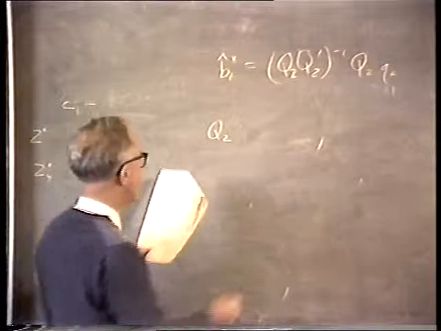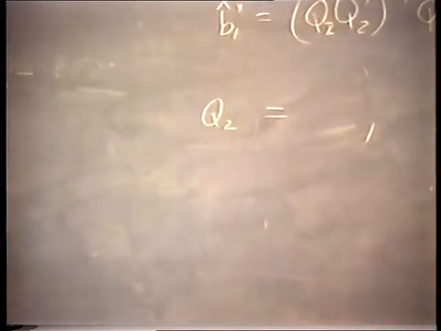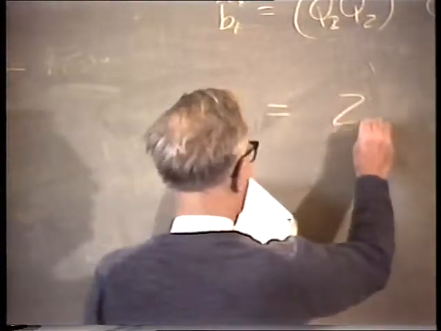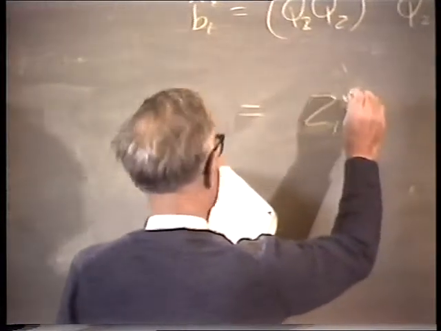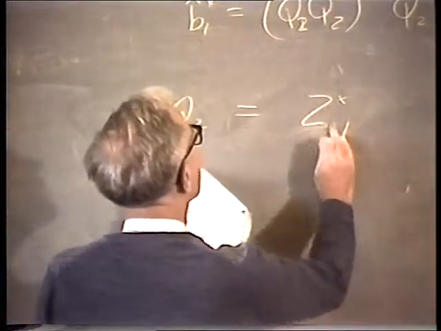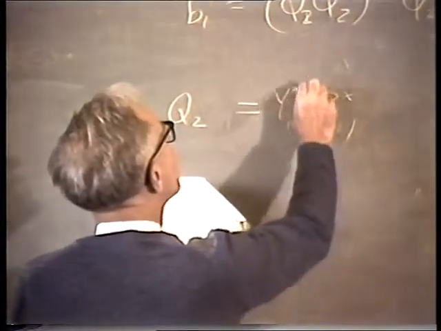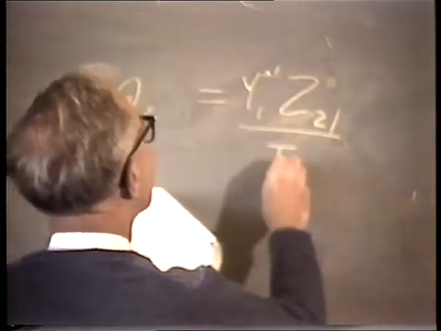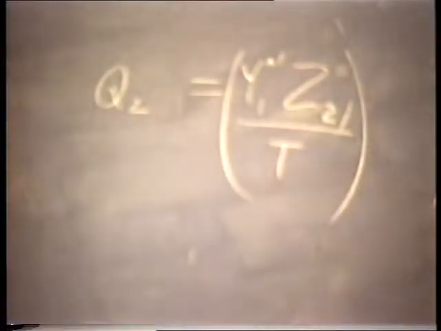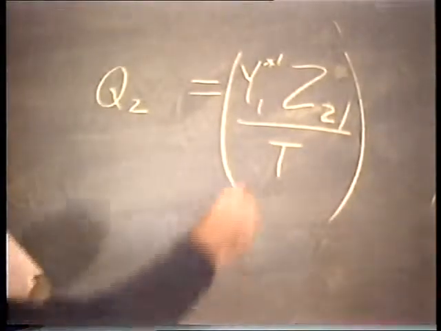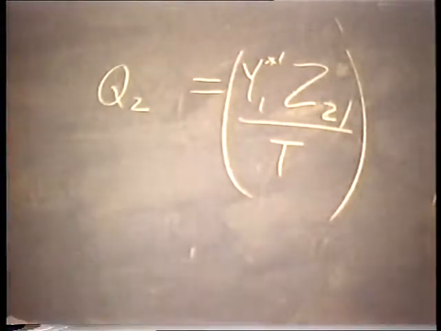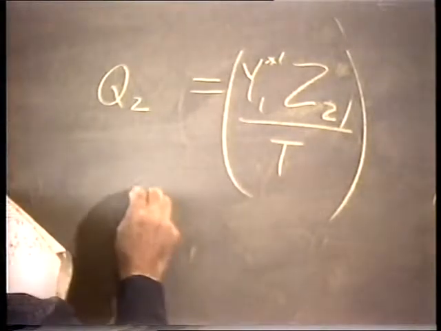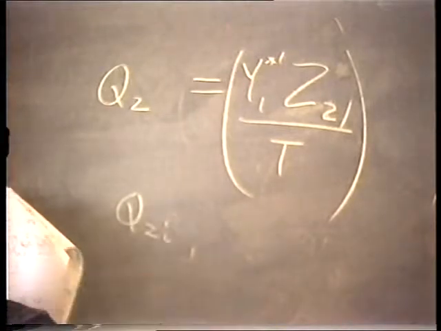Then, since by definition Q2 is equal to Y1 star, Y1 star primed, Z2 upon T, if we take any one column, what we're looking at is one of these Z2 variables, say column i. I'll just label Q2i as the ith column.